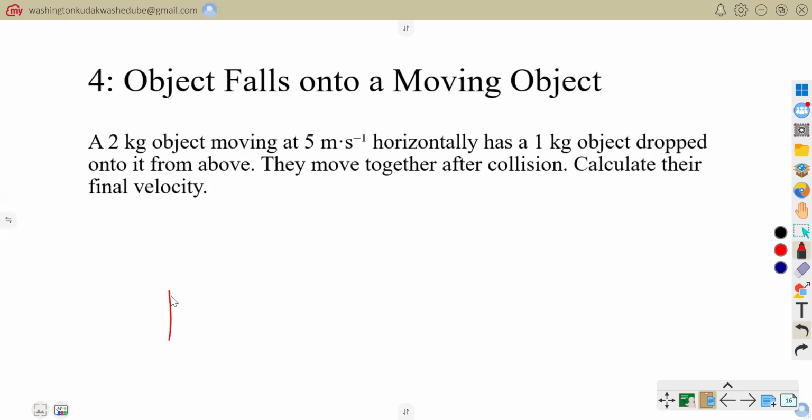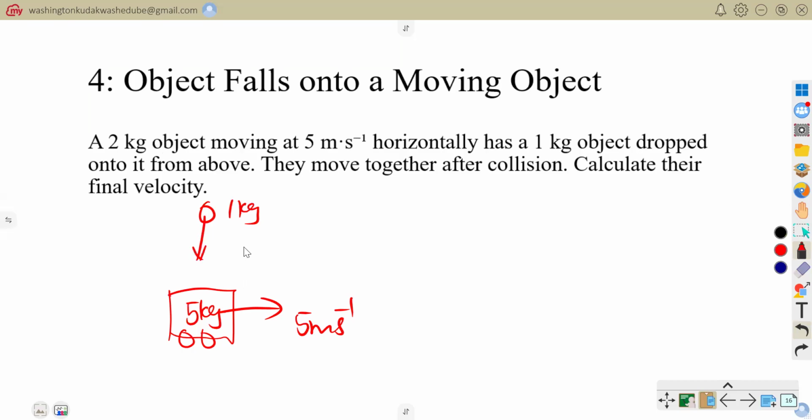So we have this 5 kg object moving with a velocity of 5 meters per second. I've taken going to the right to be my positive direction. And then I've got an object that is 1 kg being dropped. Let's say this is object A and this is object B. So the initial velocity of object B will be equal to 0.